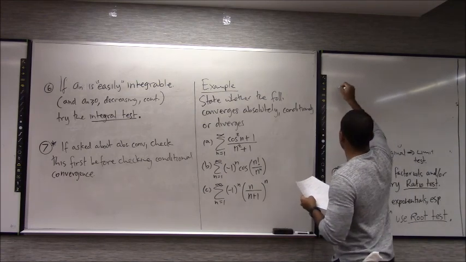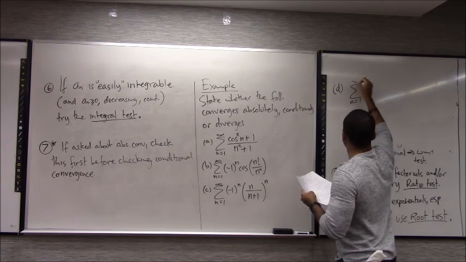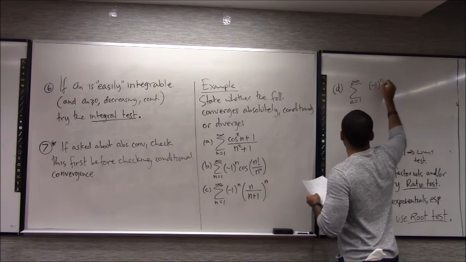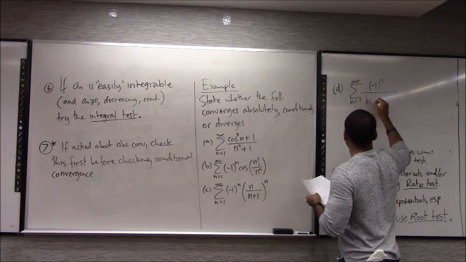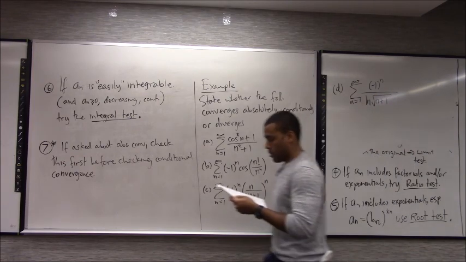And the last one, (d) minus 1 to the n over ln of the radical of n plus 1.